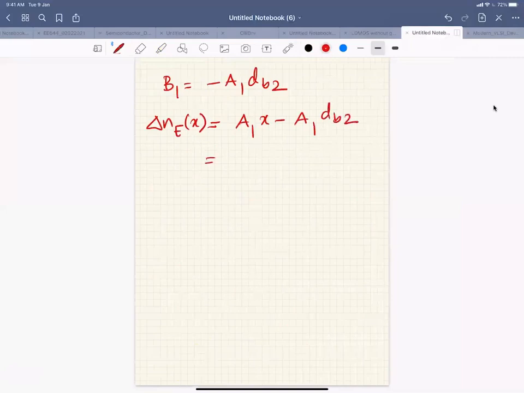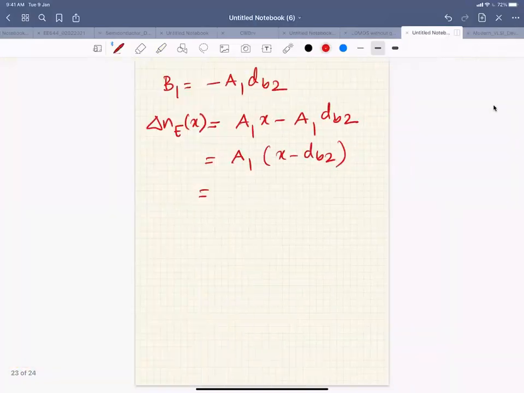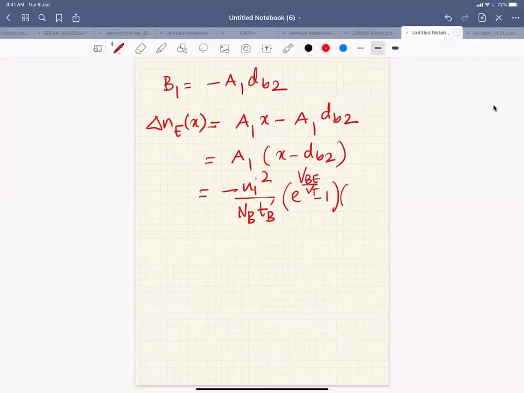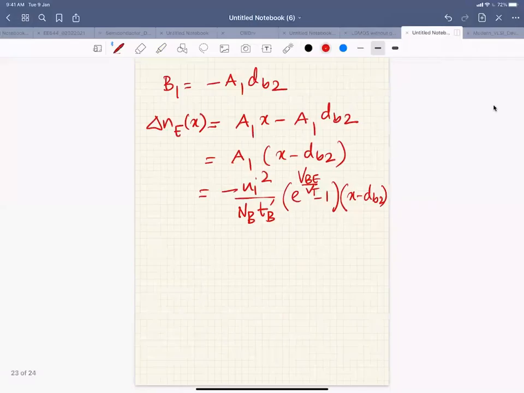So this will be A1 times x minus dB2, and A1 is this one, minus Ni square by NB TB dash e to the power Vbe by Vt minus 1 times x minus dB2. Okay, so this is my delta NEX, right?